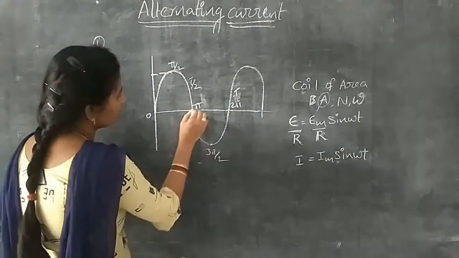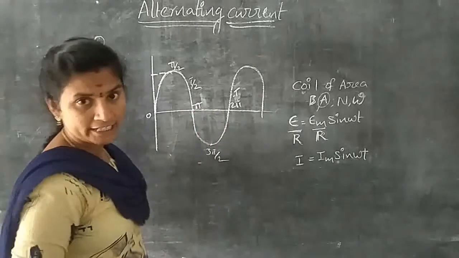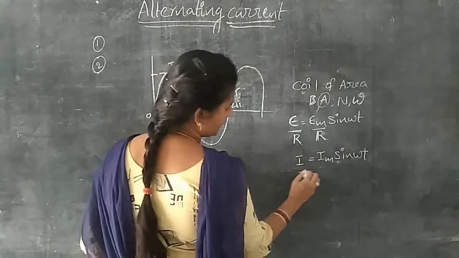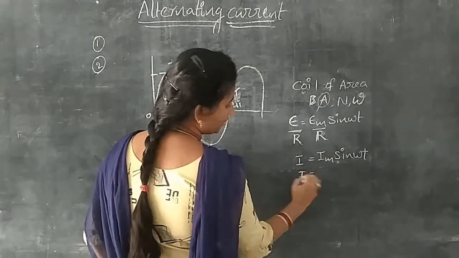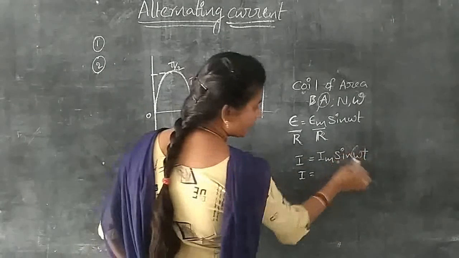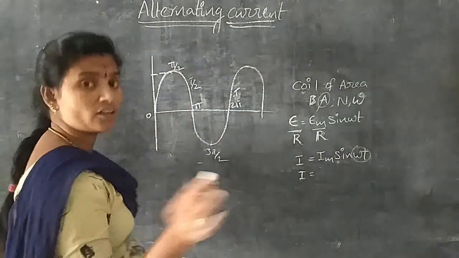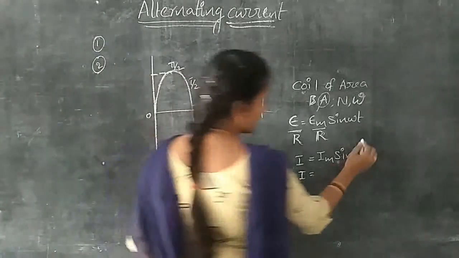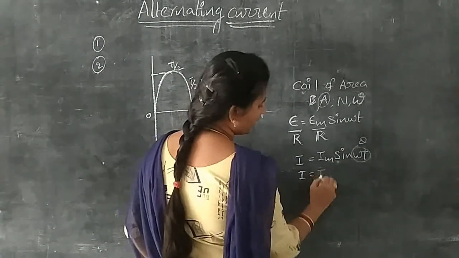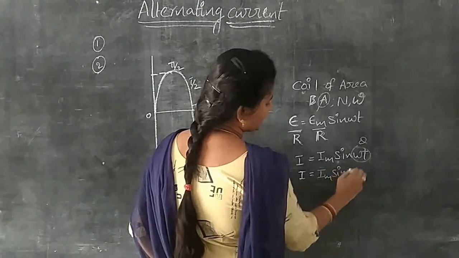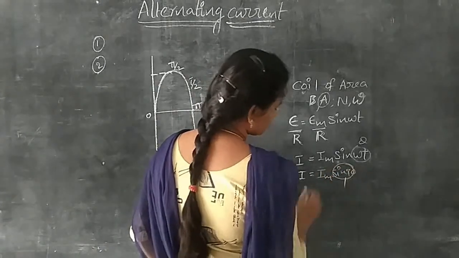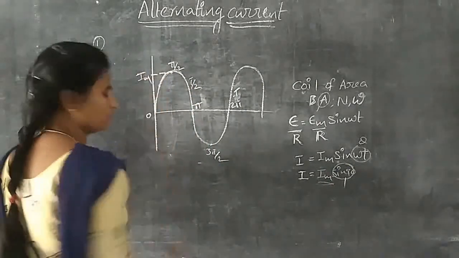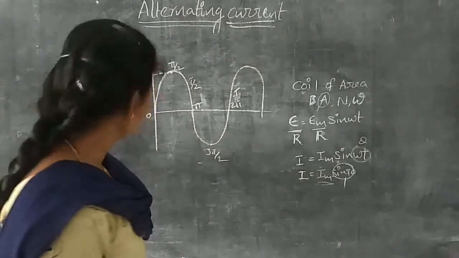The next one is pi, which is 180, and sin 180 is 0. Omega t, angular velocity into time, gives us angular displacement, that is theta. So Im sin 90, where sin 90 is 1, so I is I maximum. This is the maximum current.